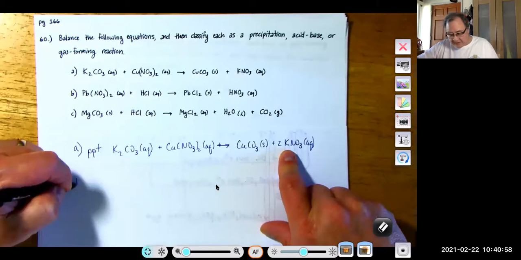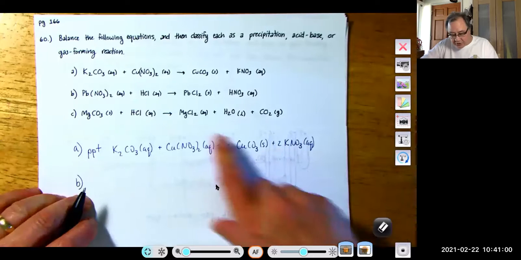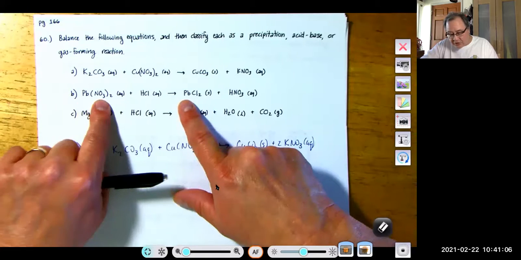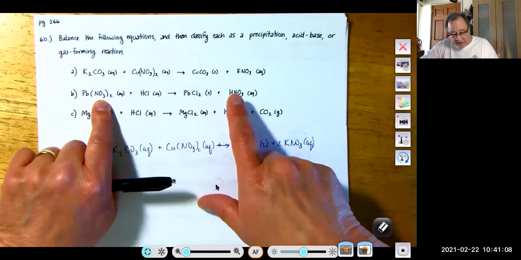B looks like it's also going to be a precipitation reaction. 1 lead, 2 nitrates, 1 nitrate. So I'm going to put a 2 in front of there.